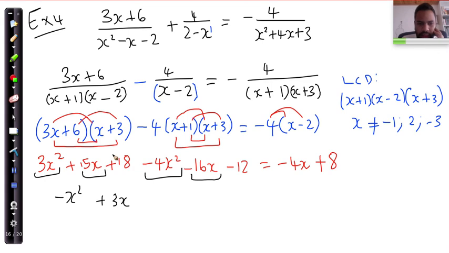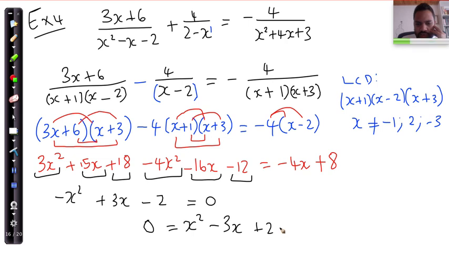Now 18 minus 12 is 6, positive 6, and that gives me positive 2 on this side. Bringing it over, I've got negative 2 is equal to 0. Now I've got a negative x squared, and I can make things easier. I can either take everything to the other side, which gives me 0 equals positive x squared, or multiply by negative 1, negative 3x plus 2, and that's going to give me the following.